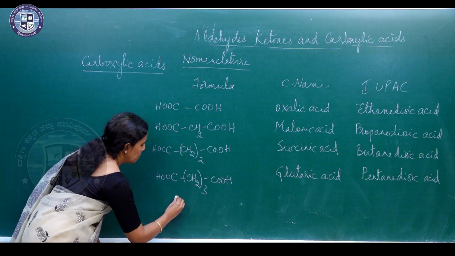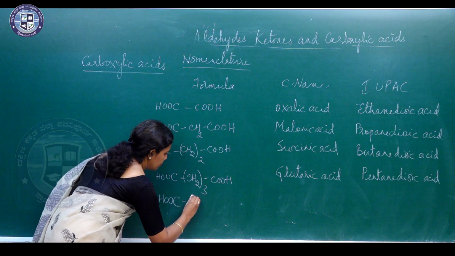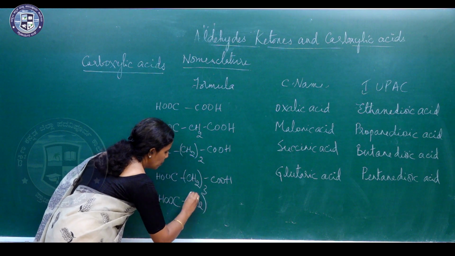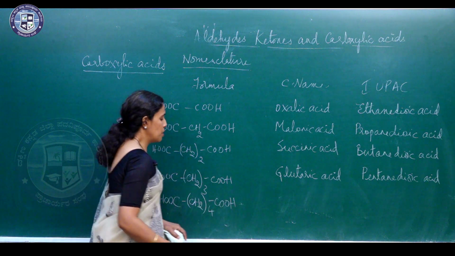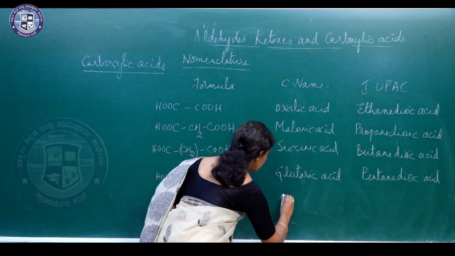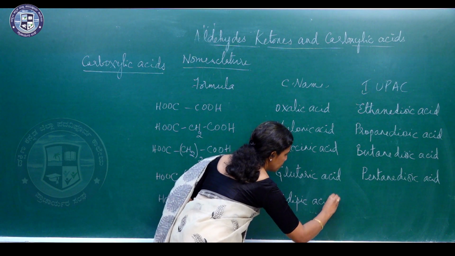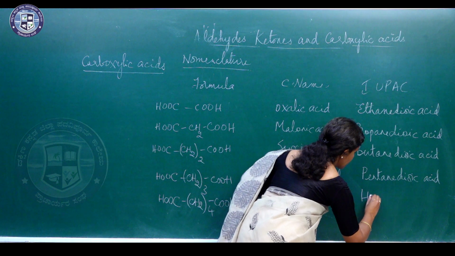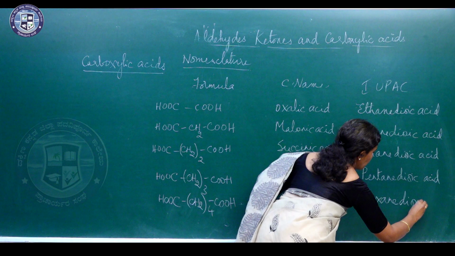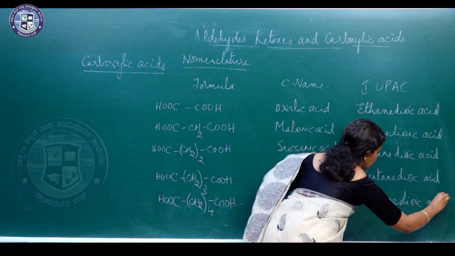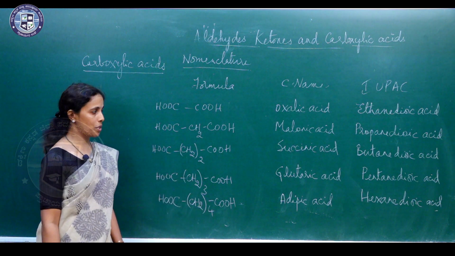And the next member is COOH, CH2 4 times, COOH. So, this is called as adipic acid. So, then it is called as hexane dioic acid. So, this is about the IUPAC naming of dicarboxylic acids.